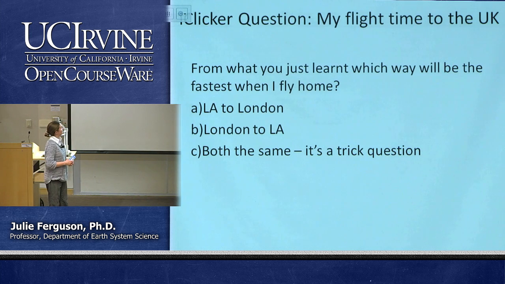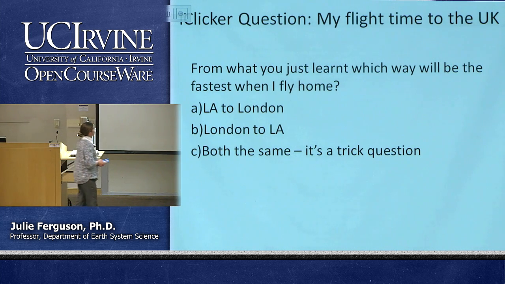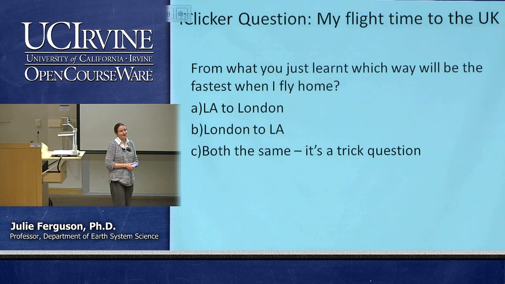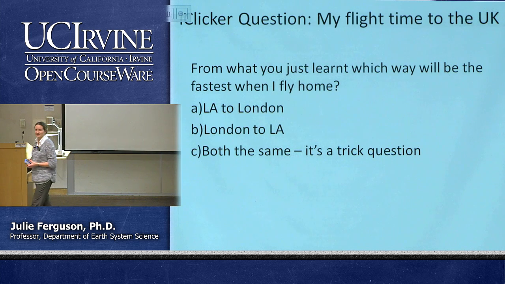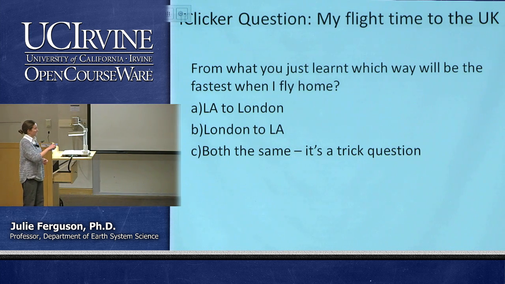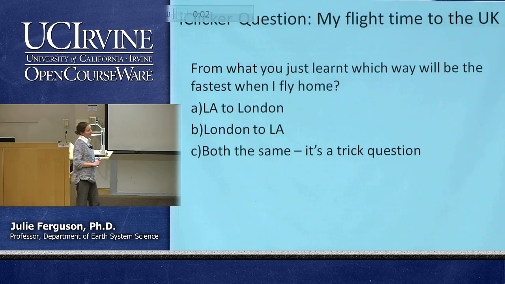So my other question for you is, okay, I'm going to go back to the UK next summer. Which way will be the fastest when I fly home? Will it be from LA to London, from London to LA, or are both of them the same? So think about where LA is, think about where London is.